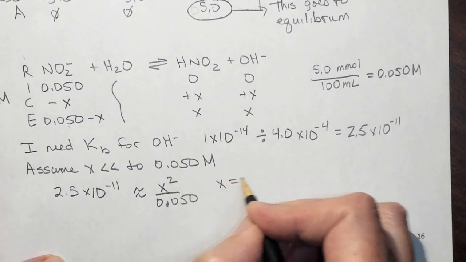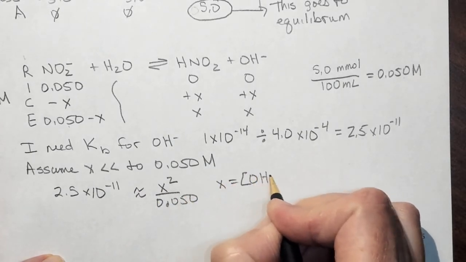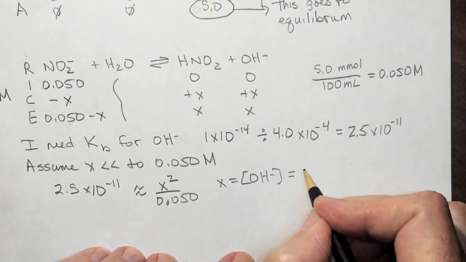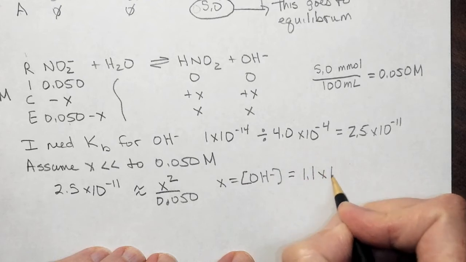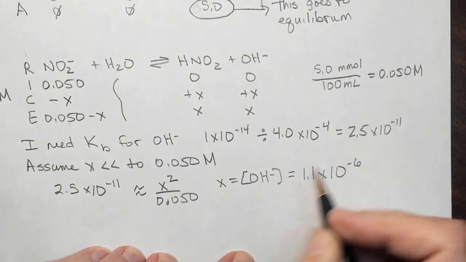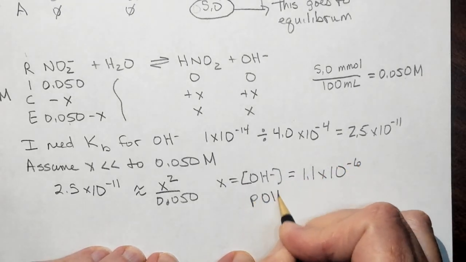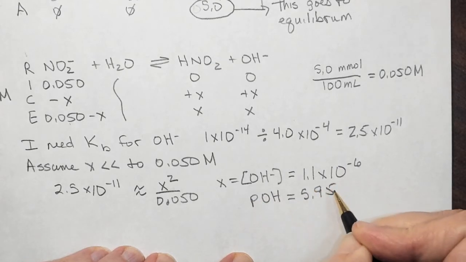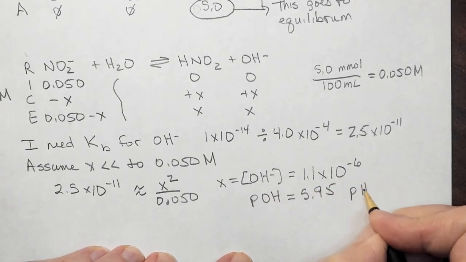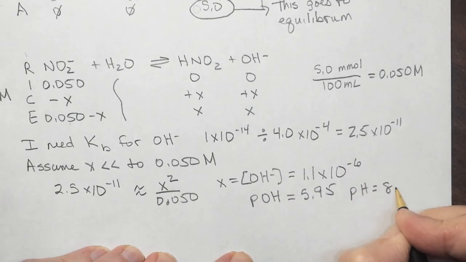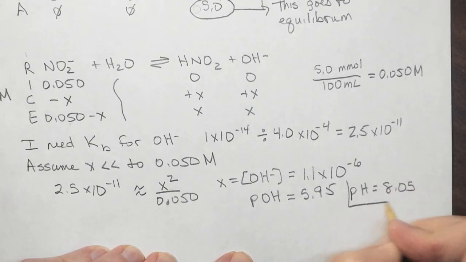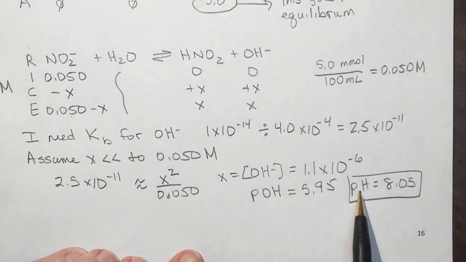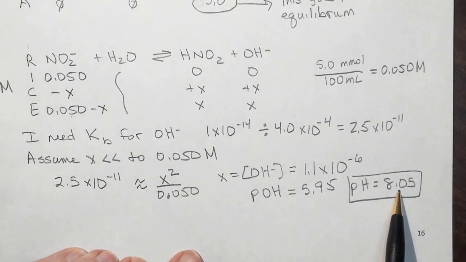Remember that x is equal to the hydroxide ion concentration. And when we solve, that's 1.1 times 10 to the negative 6th. pOH is equal to 5.95, so pH has to be equal to 8.05. So now we have that the pH is equal to 8.05.